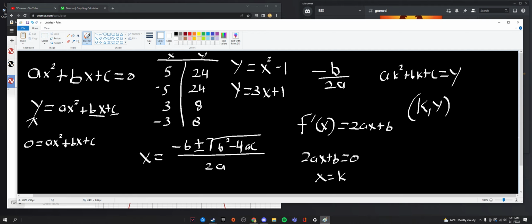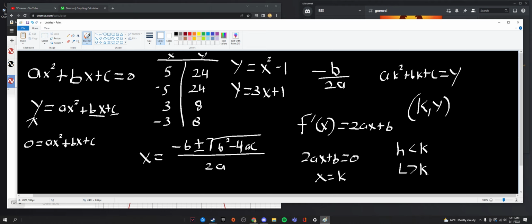Now, in order to test what this point is, there's the first derivative test, where you plug in some value less than k, let's call it h, and then you plug in some value greater than k, let's call it l.